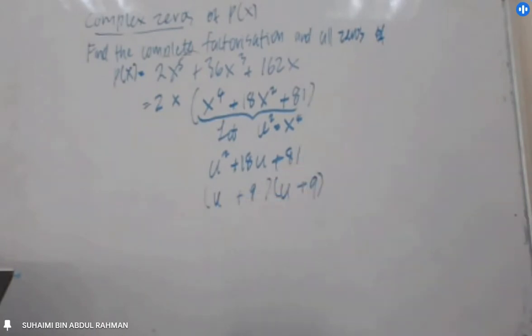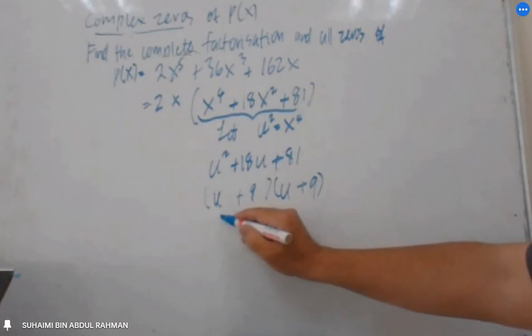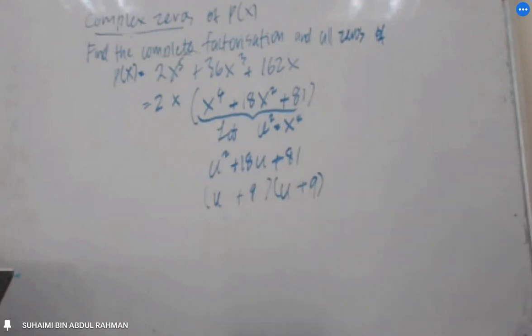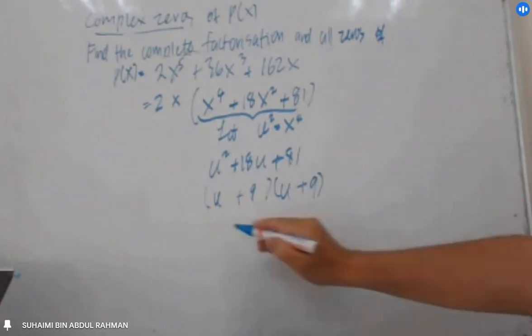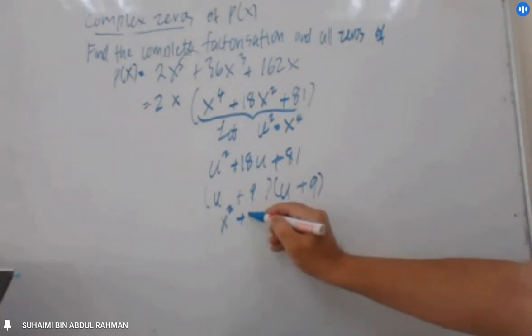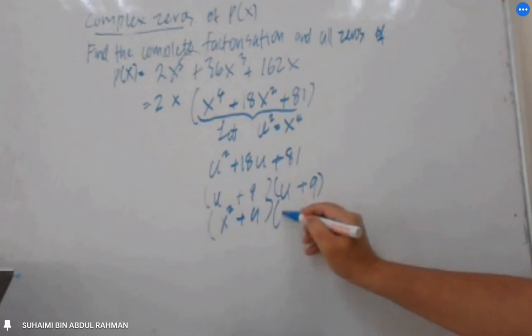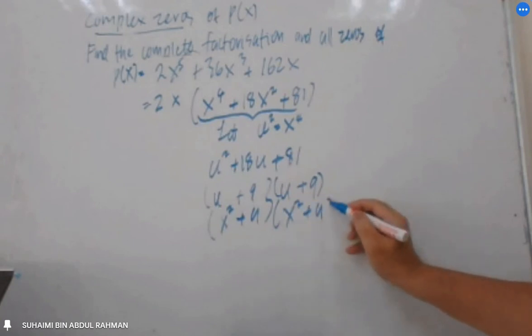So what is u? Now we start to change again. u is x squared. So x squared plus 9, x squared plus 9.